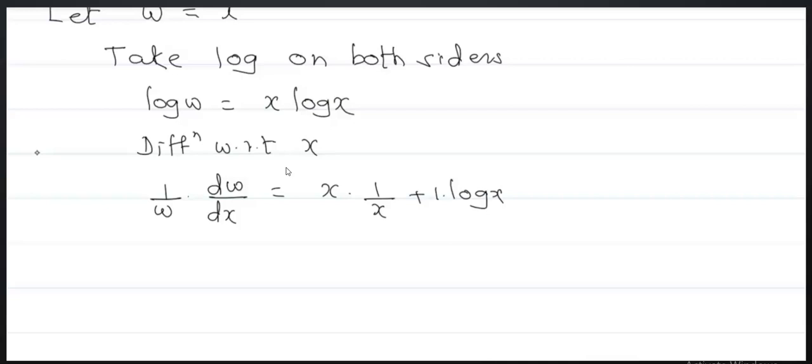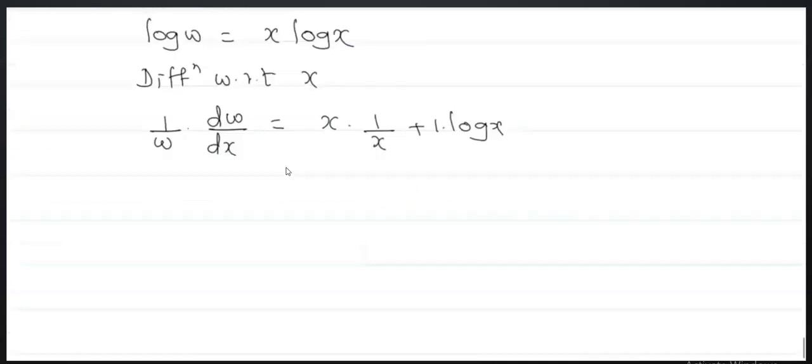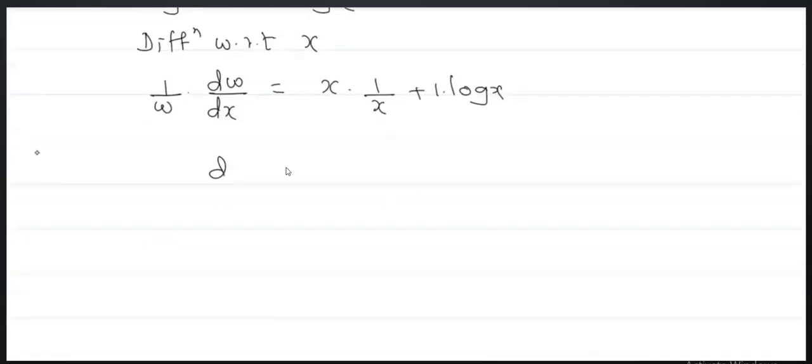Again here we will apply the product rule: x into 1 upon x plus 1 into log x.